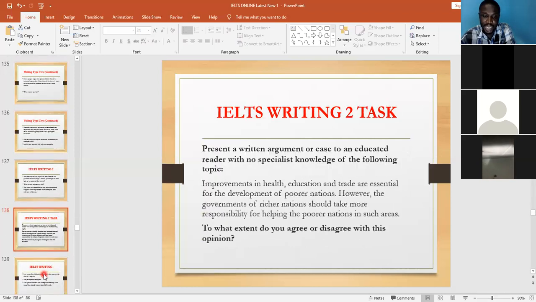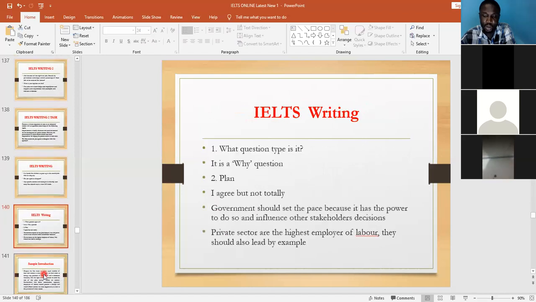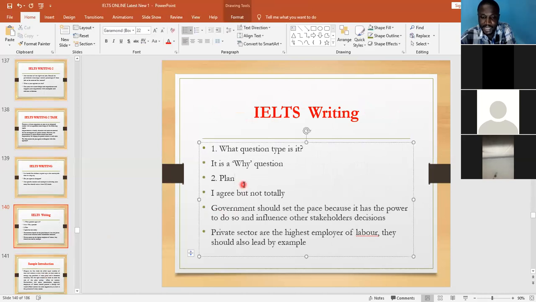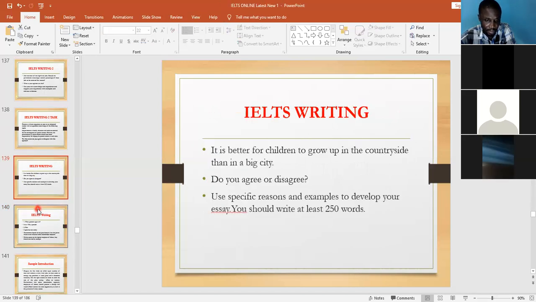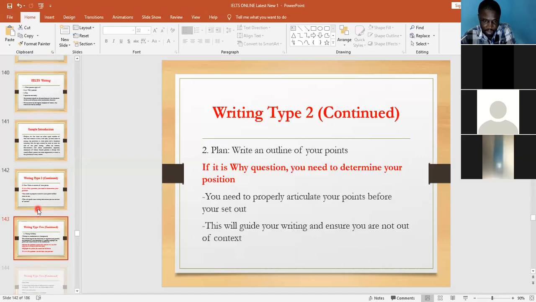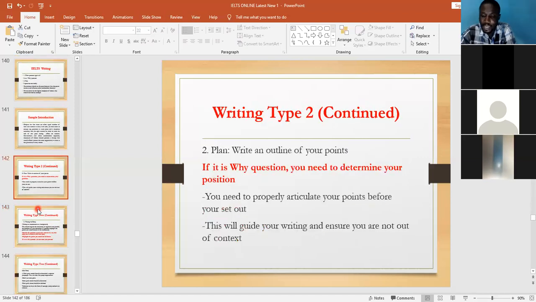So that's understanding what I call the question format. Then the number 2 thing I said is after identifying the question, you need to plan. Yes, you need to plan.